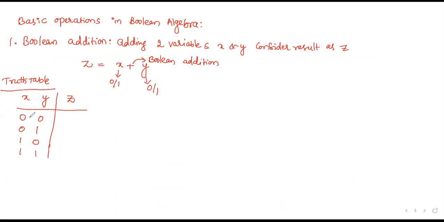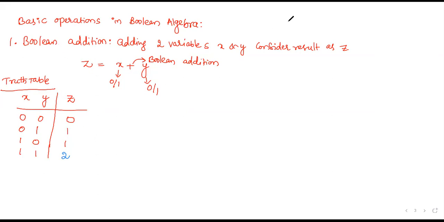So when you add 0 plus 0, it is 0 only, 0 plus 1 is 1 only, 1 plus 0 is 1 only. 1 plus 1, in our normal addition, is 2. But in Boolean addition, every variable should have either 0 or 1.